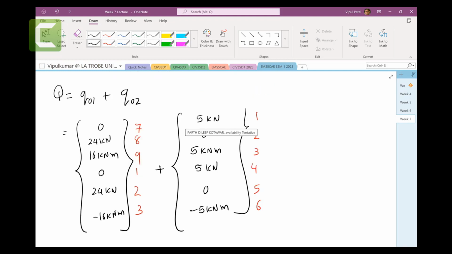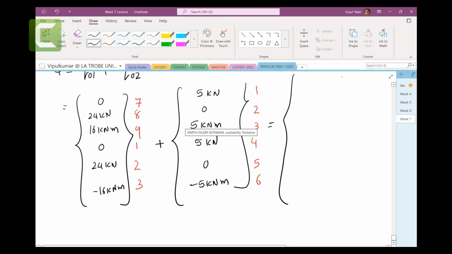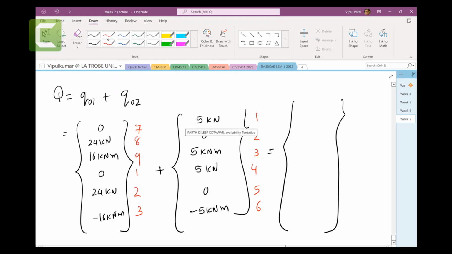So to get this BQ, we can make it 9 by 1, because the total degrees of freedom in our question is 9: 1, 2, 3, 4, 5, 6, 7, 8, 9.